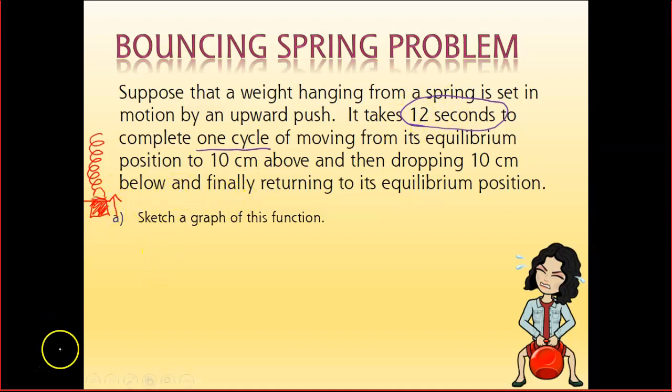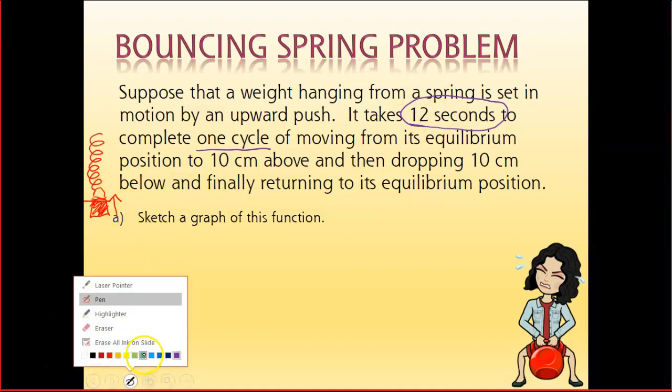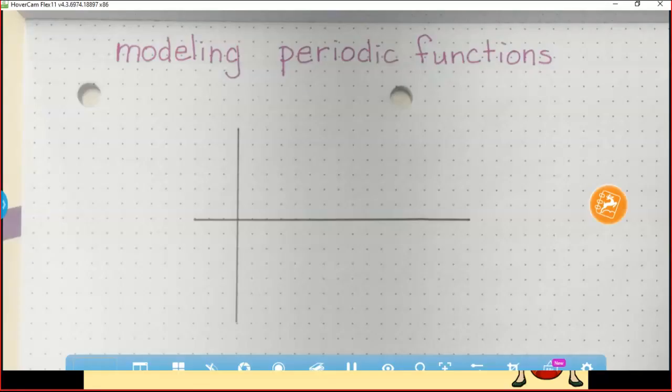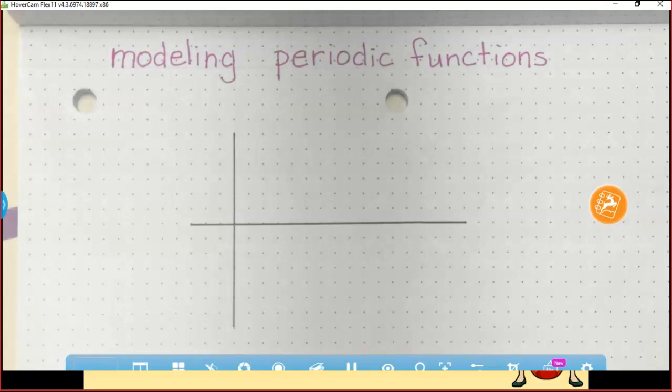Then it says that the other thing that we know is my graph goes 10 centimeters above, and then it goes 10 centimeters below. Okay, so here's what I've got. Here's what I'm going to do here. I am going to use that information right there. I know for a fact my graph is going to utilize 12.